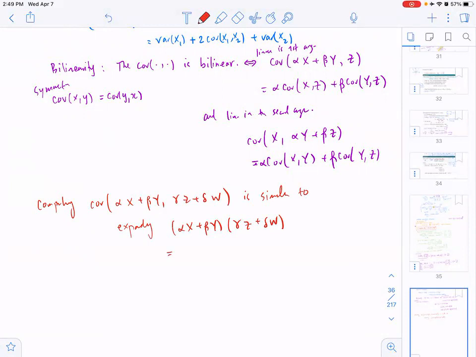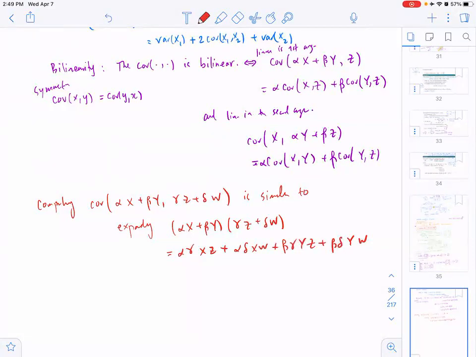What would happen if I just multiply these two? Alpha x times gamma z. Right. So I get alpha gamma xz plus alpha delta xw plus beta gamma yz plus beta delta yw, right? Is that right?